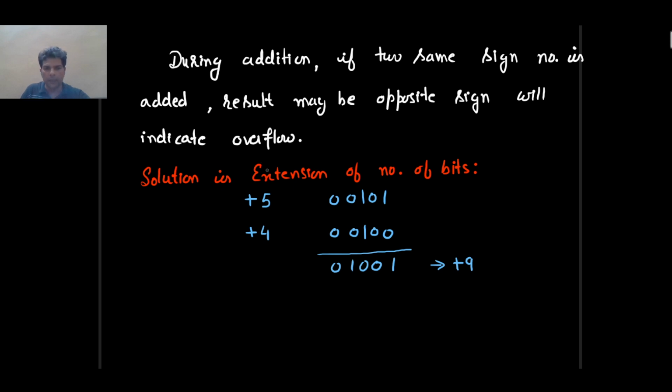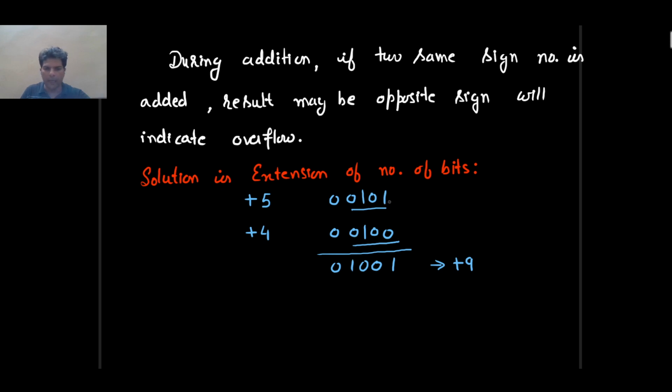Now, earlier we represented plus 5 by 0101, and plus 4 is 0100. The solution of overflow is simply to copy the MSB bit. So now in 5 bits, 00101, and in 5 bits, 00100.